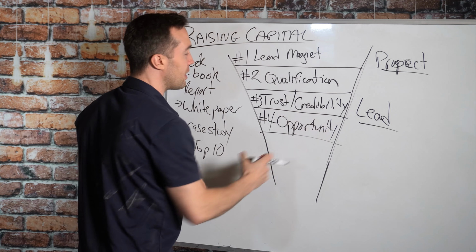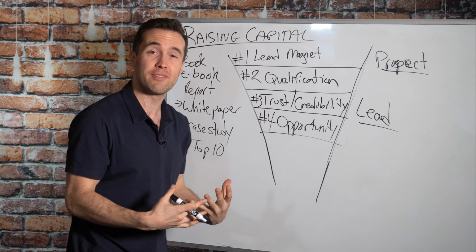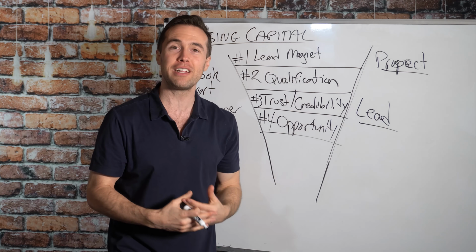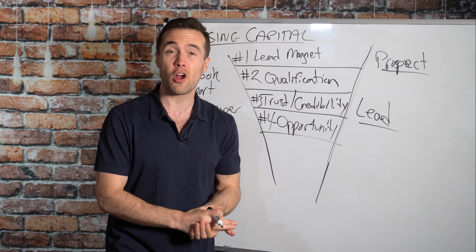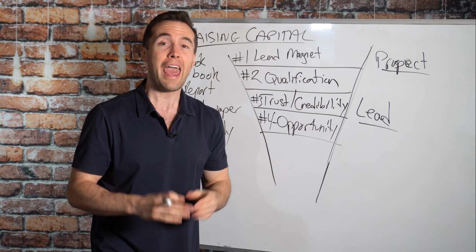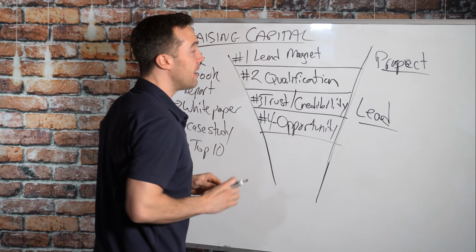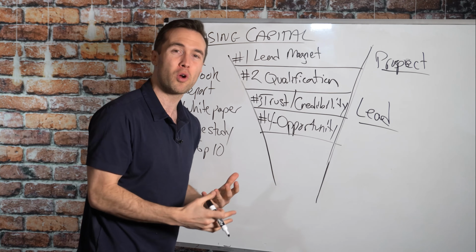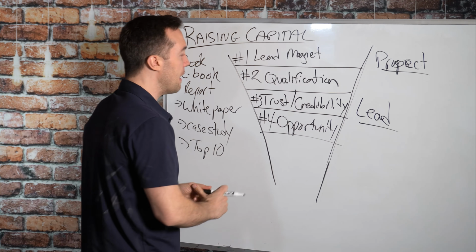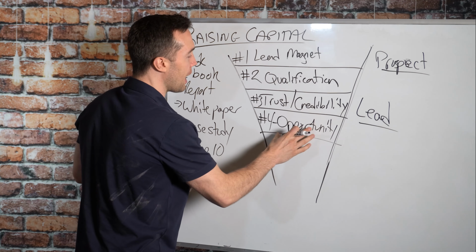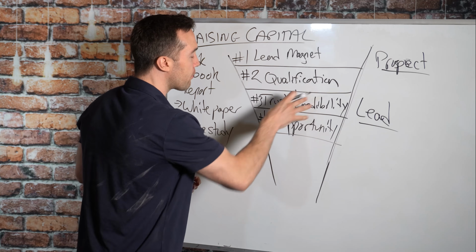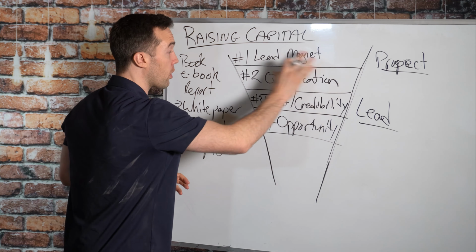So with the opportunity, this is where you say, hey, Mr. or Mrs. Investor, I have this opportunity I'm looking at. We have it under contract. This is what it's looking like. And because you've built that trust and credibility, and because you've qualified them to make sure they're the type of person you want to work with and they meet all your criteria, you should have a strong chance of raising money from that person, as long as you've done your homework up here.